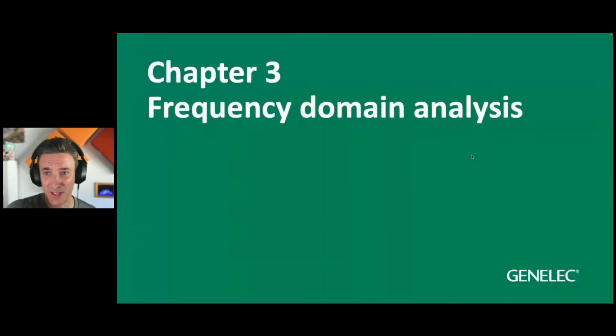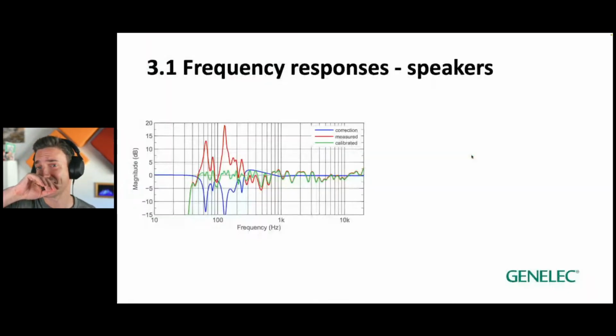So let's start with the frequency domain analysis. This is the frequency response, and this is something you already know if you are using GLM, because you can see this in GLM as well. This just shows you the frequency response of your speaker at your listening position. First of all, the red curve shows you the reality in your room before calibration.